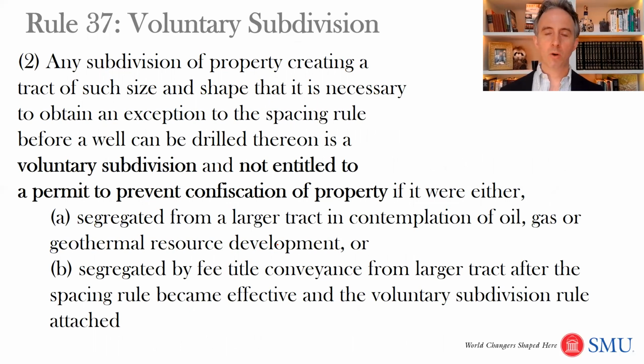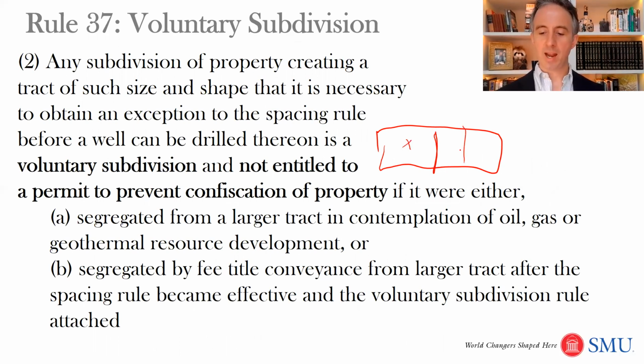Okay, so obviously these rules create a huge incentive to have small properties because, of course, more acreage is always worth more than less acreage. But if you have two 40-acre properties next to each other, okay? One will just get one well.